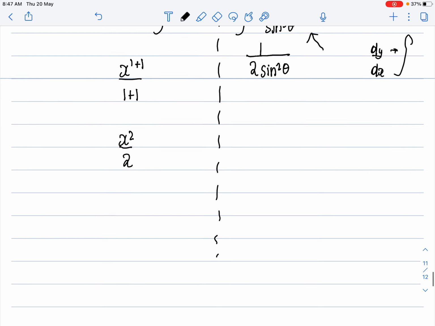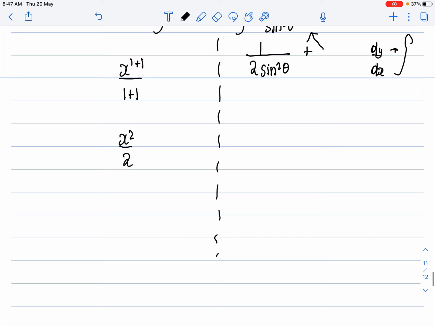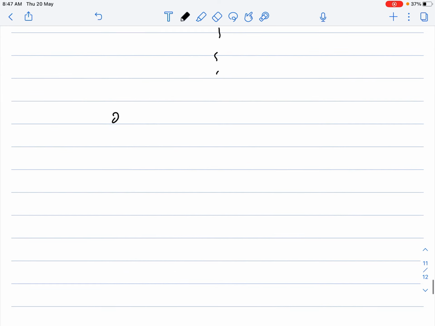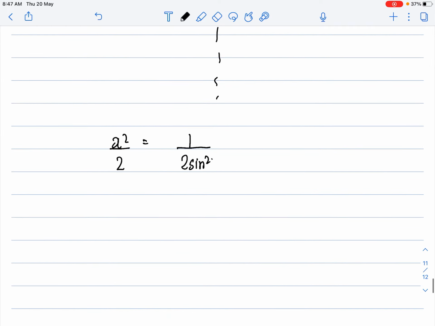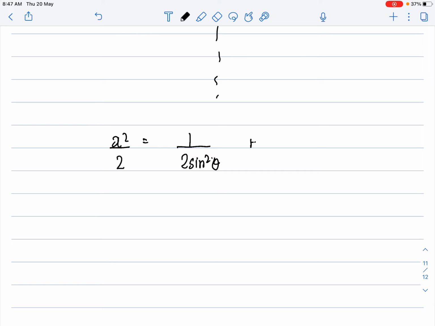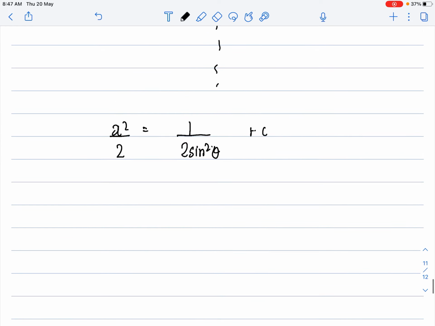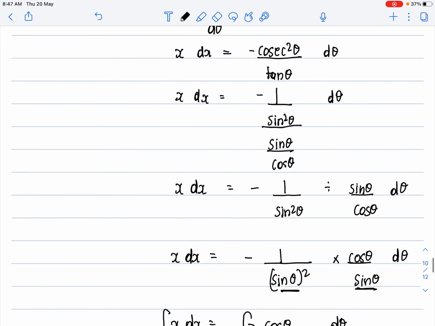Now when I integrate this, there's no limit, so there's a plus c. So I can write x square over 2 equals 1 over 2 sine square theta plus c. Now my theta and x values are given.